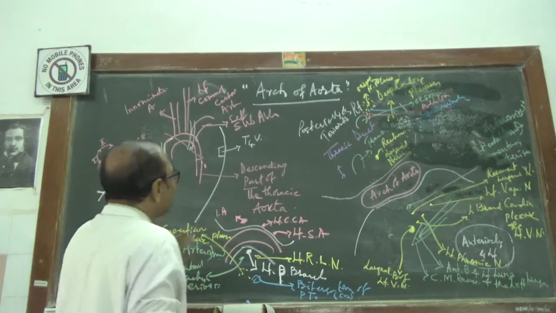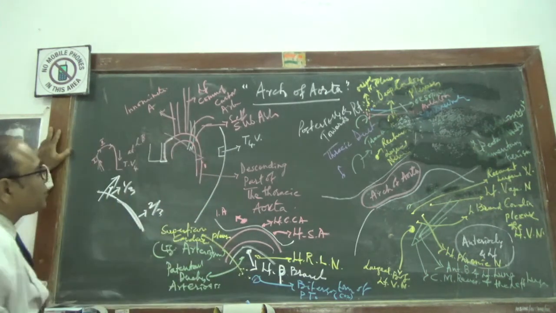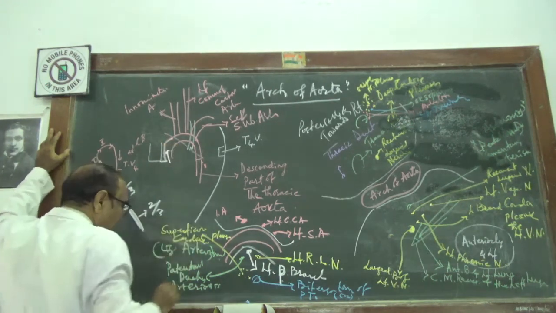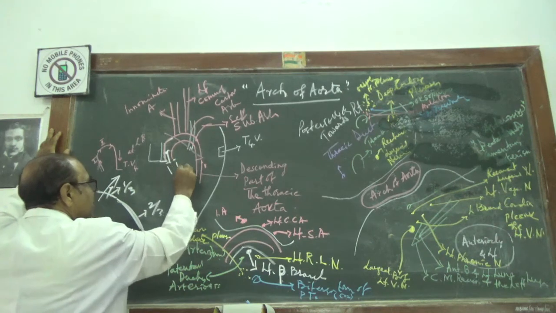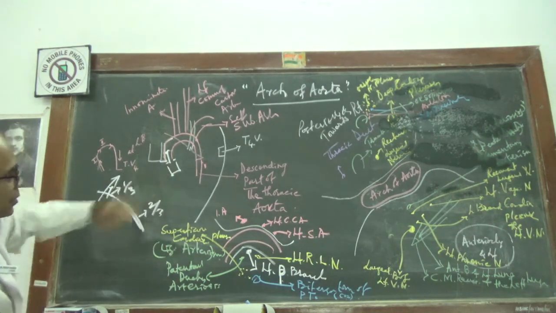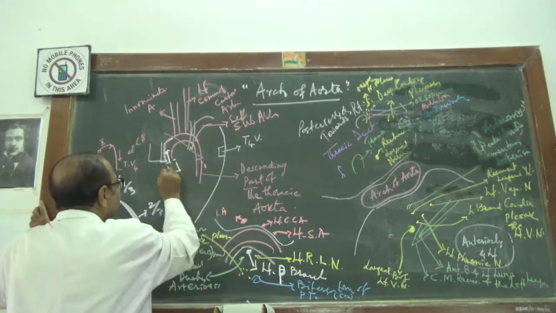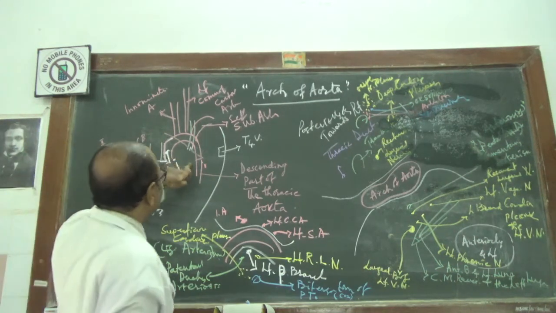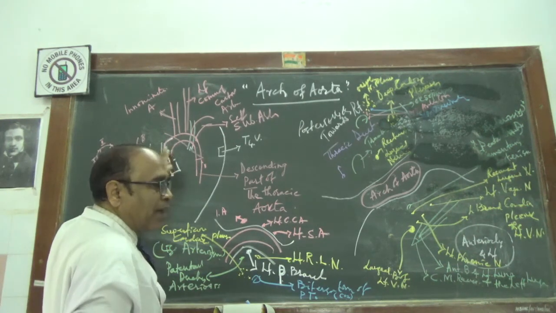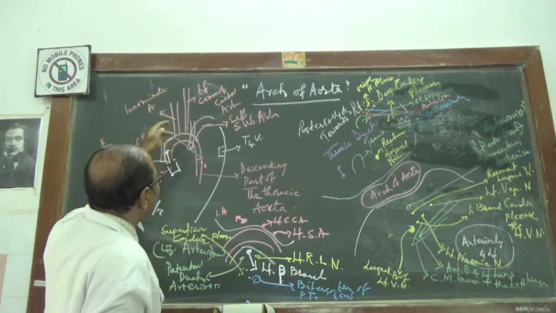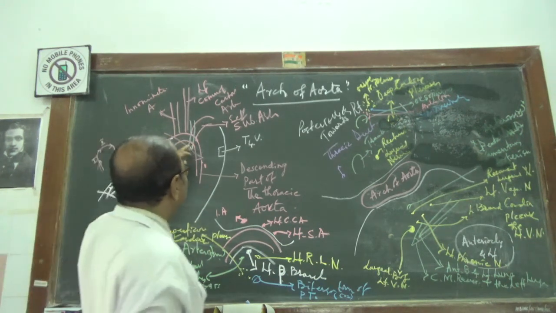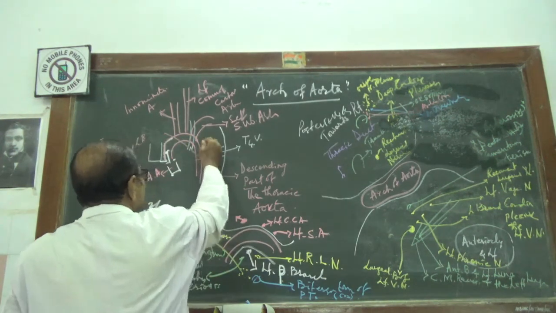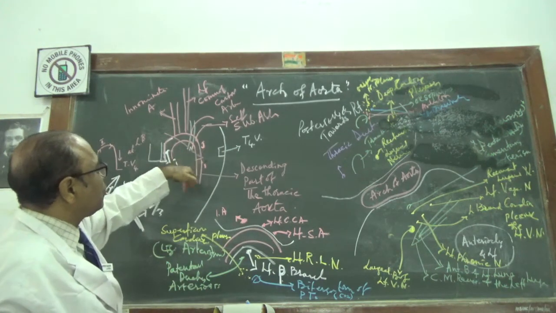So now, the arch of aorta is important. The arch of aorta is a continuation of the ascending aorta, as you know, which was yesterday's topic. It runs in a particular pattern: upwards and a little backwards in the first phase, then backwards and a little towards the left in the second phase, and in the third phase it goes straight vertically down to the left of the vertebral column.